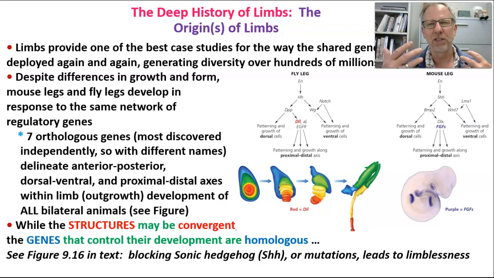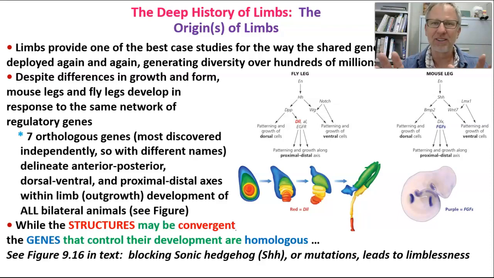And of course, differences in form means if you compare the structure of a leg of a fly or insect and the structure of the limb of a tetrapod like a mouse or a frog or a lizard, then once again there's tremendous difference in the growth and the form of the limb, and yet the same network of regulatory genes is responsible for the growth and development of limbs.